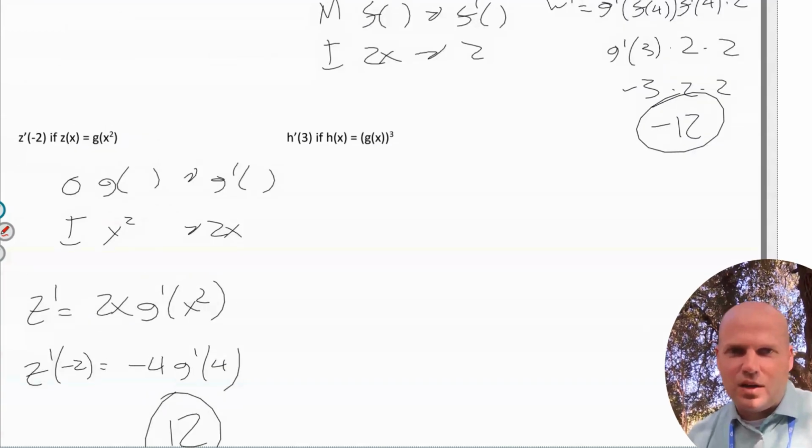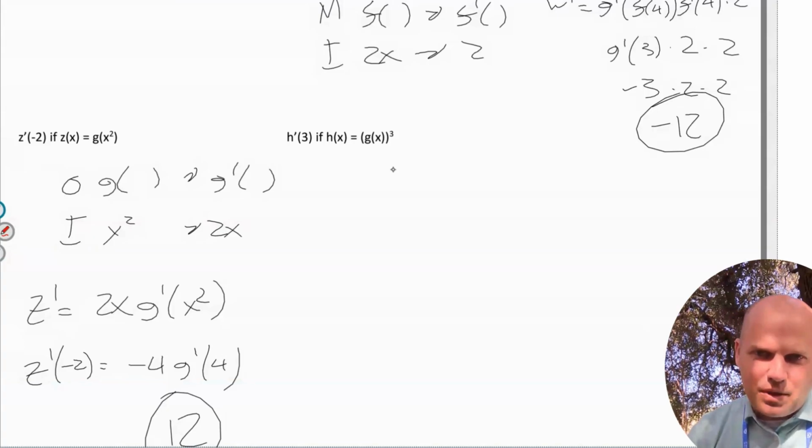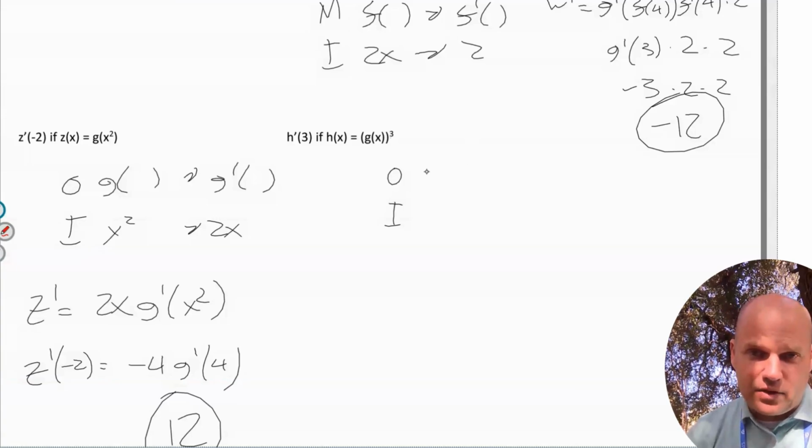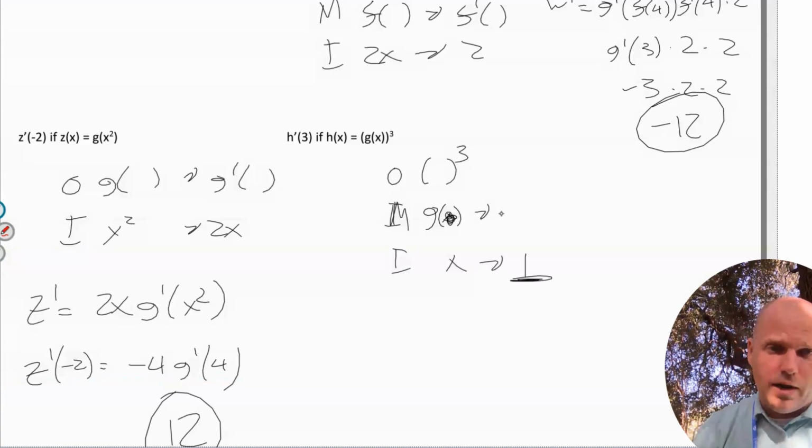And then last one. You might think it's an OMI. It's not, because the innermost piece is X, whose slopes are 1, so it's not going to make any difference. If you want to OMI it, go right ahead. It's not going to make a difference because this value being 1 does not change what happens.